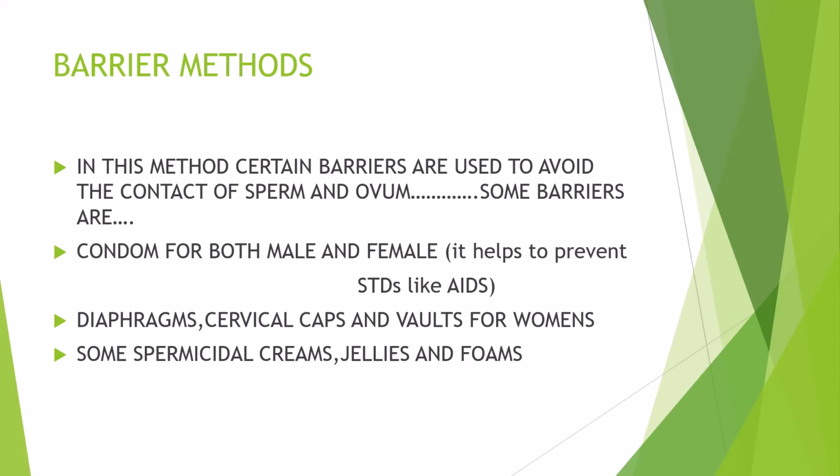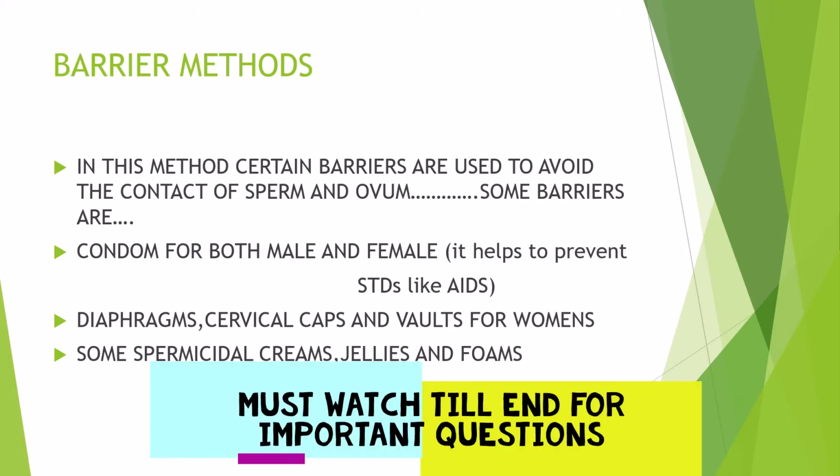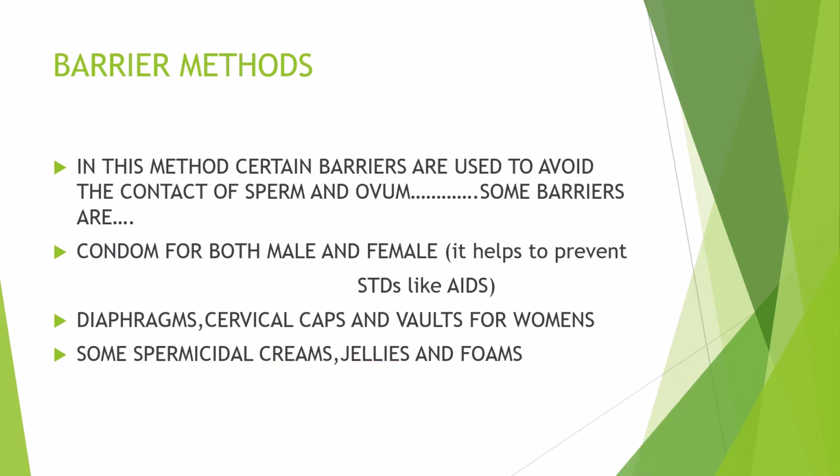These barriers include the condom, both condom for male and condom for female. This method is the most used all over the world, also because it somewhat prevents STDs. STDs means sexually transmitted diseases; AIDS is also prevented with the help of the condom.